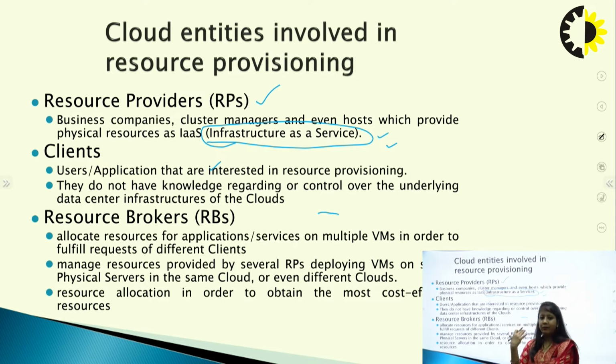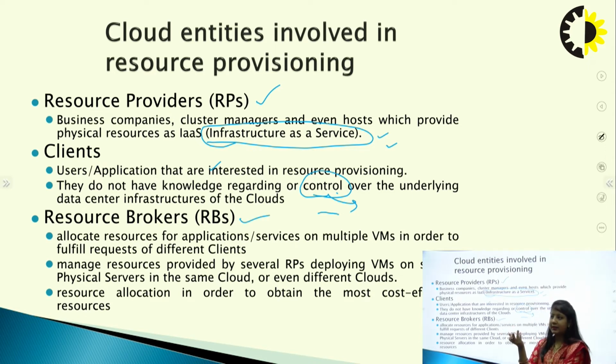The client has to access the resource, so it is decided by the provider how much access will be provided to the client, which resources the client can access and which it cannot. All control will be in the hands of the provider. The customer is only going to use the resource, and these resources are managed by the provider. And the third one is the broker. What will the broker do?